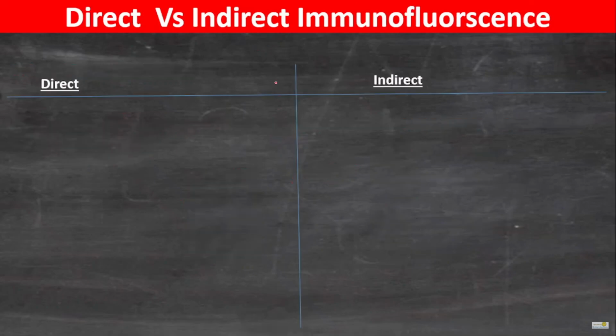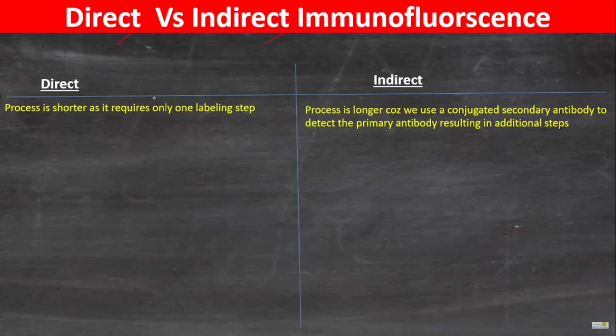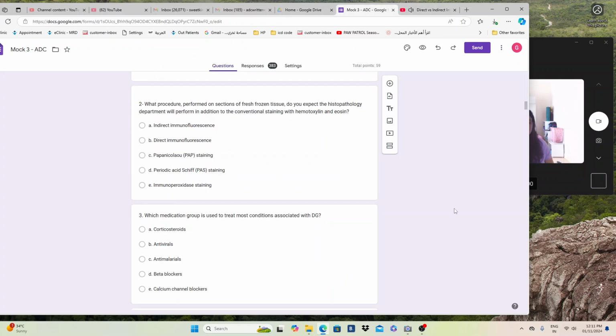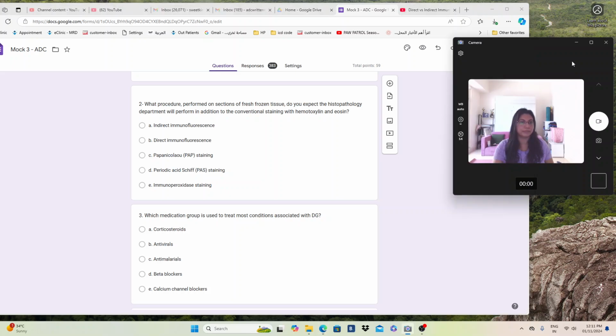Now, the differences between direct and indirect immunofluorescence in points. The first difference is that direct immunofluorescence is a shorter process because it only requires one labeling step, whereas indirect immunofluorescence is a longer process.